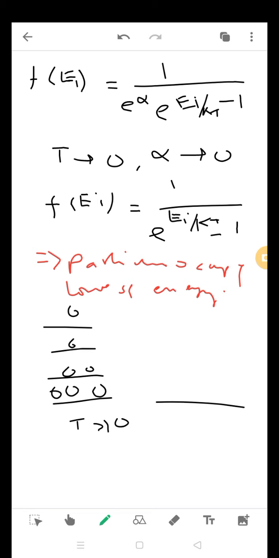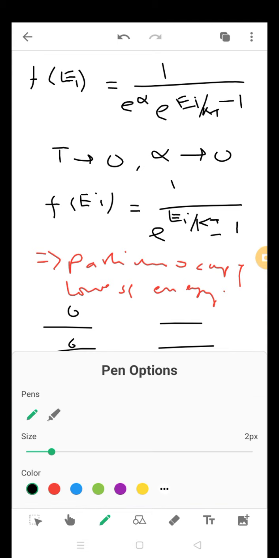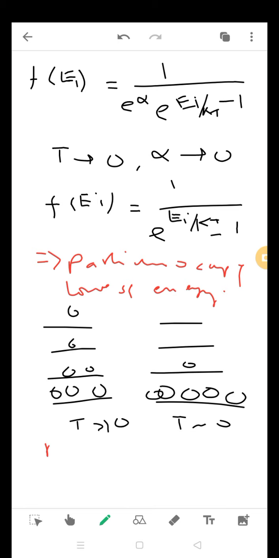And if we take the temperature close to 0, then the maximum number of particles will be at the lowest energy state. So the number of particles in the lowest state increases. This is what we call Bose-Einstein condensation.